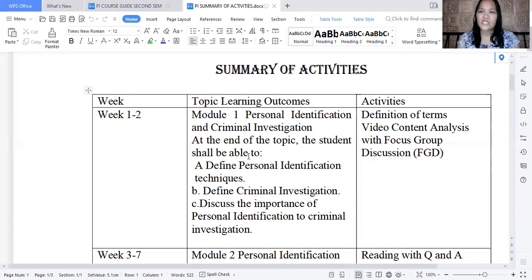So activities are also provided in your module, where you will be required to define terms as stated in the outcomes, and then conduct a video content analysis.